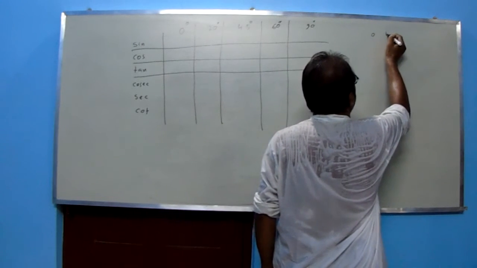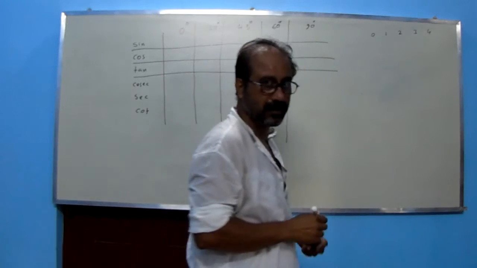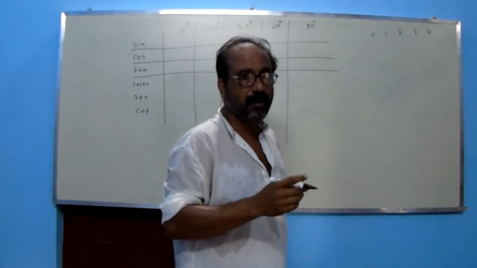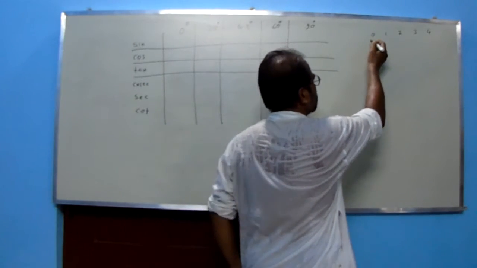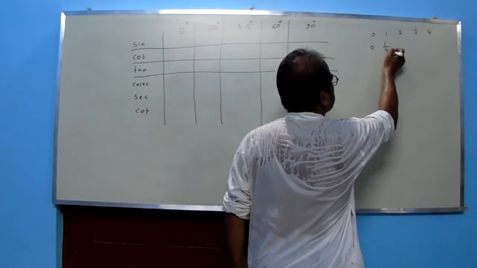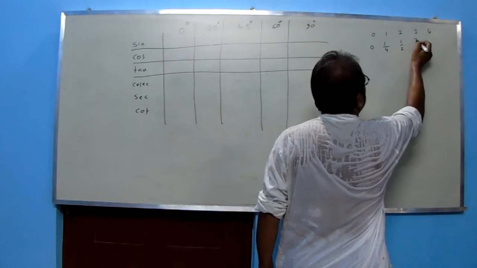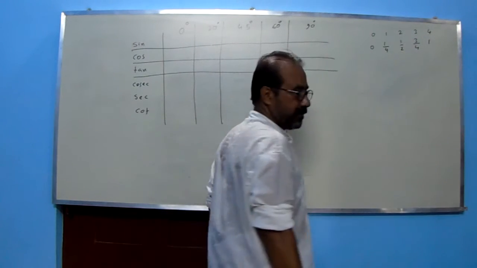If I write 0, 1, 2, 3 and 4, it can be easily written. Now if I divide all the values by 4, 0 by 4 is 0, 1 by 4 is 1 by 4, 2 by 4 is half, 3 by 4, then 4 by 4 is 1.